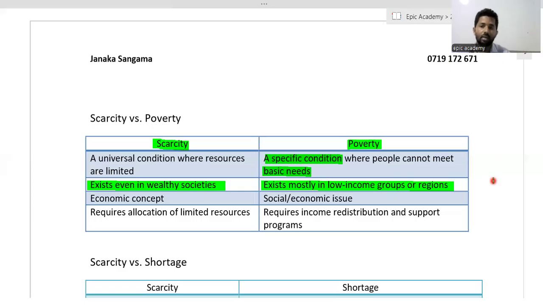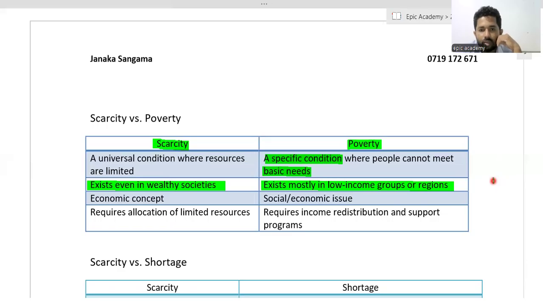Not only that, just consider South Asian countries: India, Pakistan, Bangladesh, Sri Lanka, Afghanistan. They're suffering. A higher percentage of the total population is suffering from poverty, isn't it? Yes.